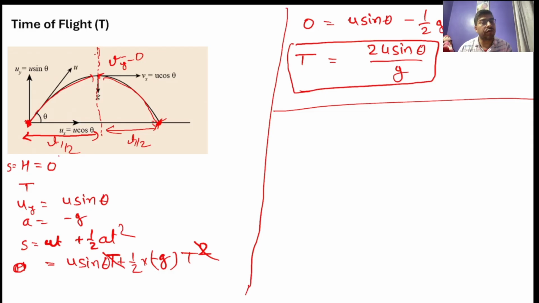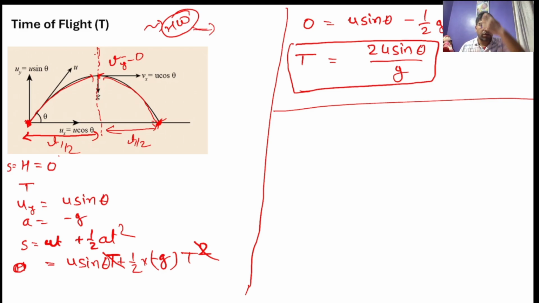So you can calculate t half and multiply by 2, and you will get the total time of flight. So try this way on your own and let me know if you're facing any difficulty. Definitely you can easily find it by this method also. Clear? If you are facing difficulty, ask me in the comment box.